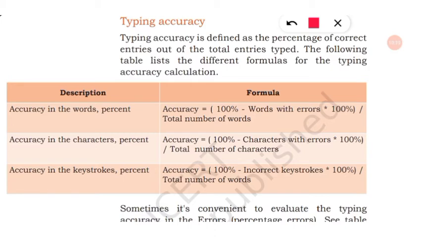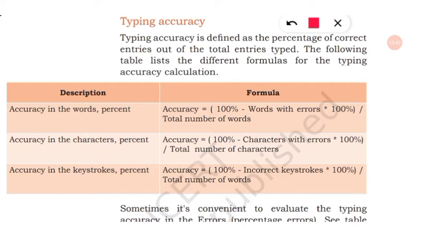So accuracy in words: it is calculated as accuracy is equal to 100% minus words with errors into 100% by total number of words. Then accuracy in characters is equal to 100% minus characters with errors into 100% by total number of characters.